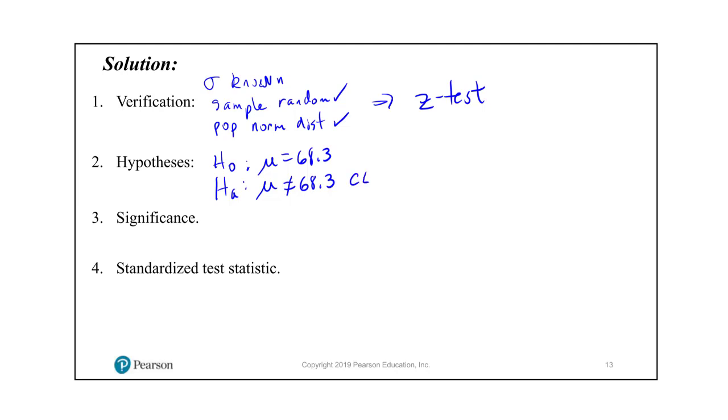And this was our claim, right, as we found in the text before. One thing I can already point out is, remember with mu not equal to 68.3 in the alternative, we look to the alternative to figure out what type it is. I already know that this must be two-tailed because the not equals to is a two-tailed. All right, so the significance, alpha, was given to be 0.05.